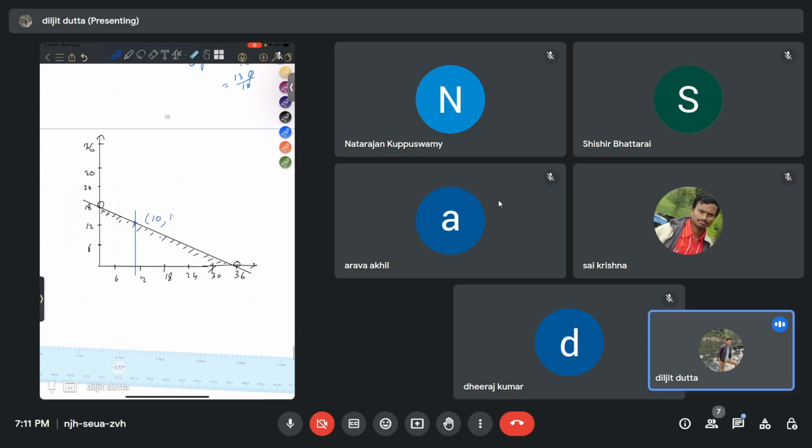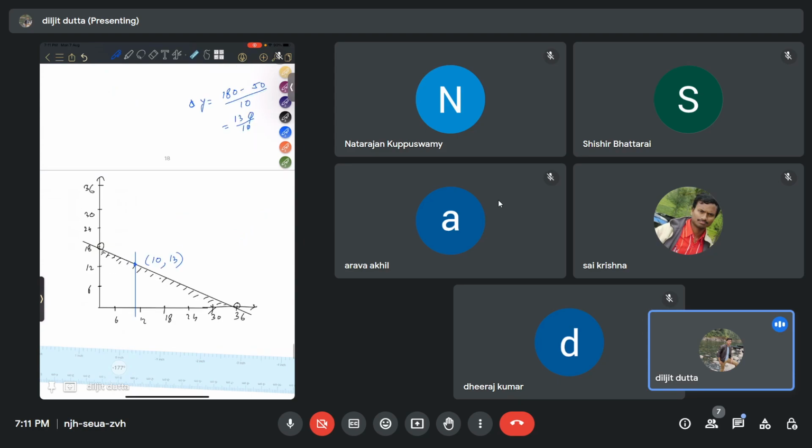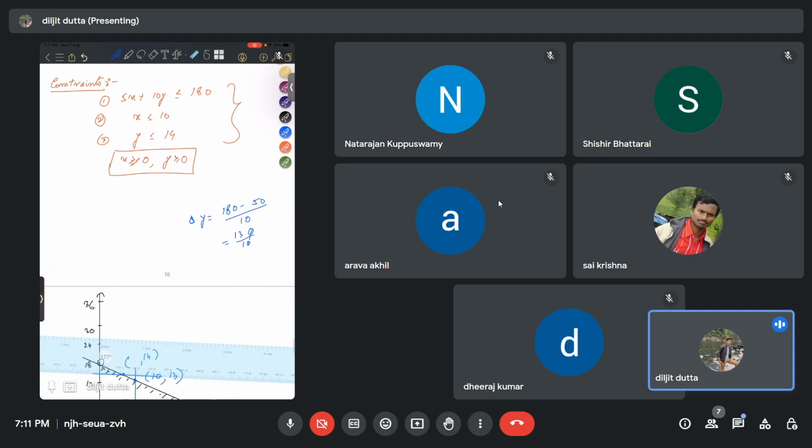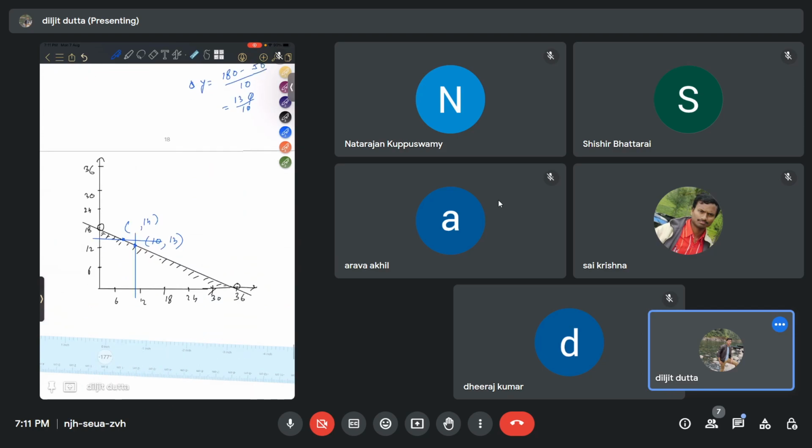So y is equal to 13. And for the second constraint, where y is 14, x is equal to 8.